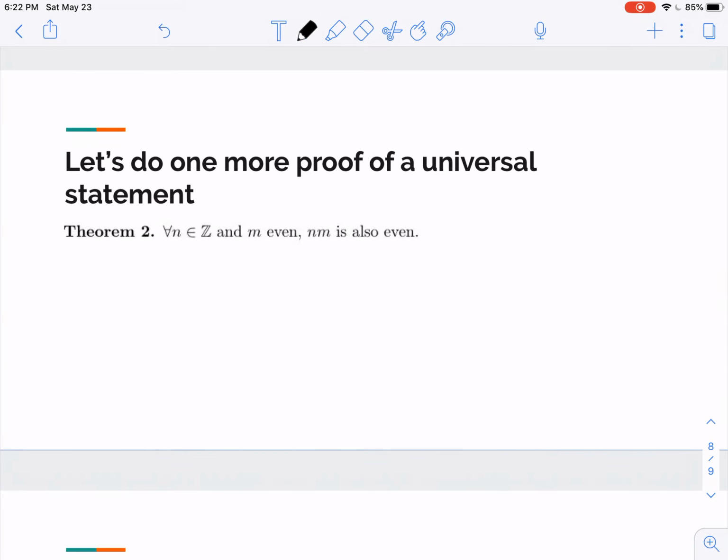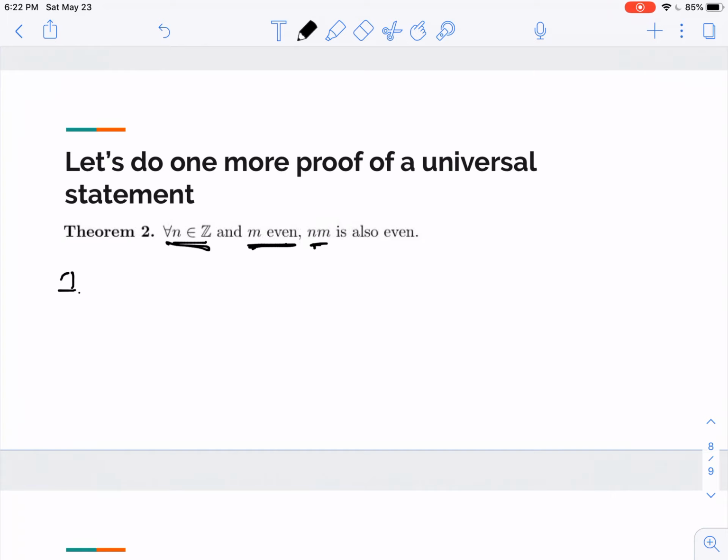Okay, now here's another theorem. For any n in z, remember we're using the for all notation again, so this means for all integers n and m, where m is even, then their product nm is also even. So we'll follow the same strategy.